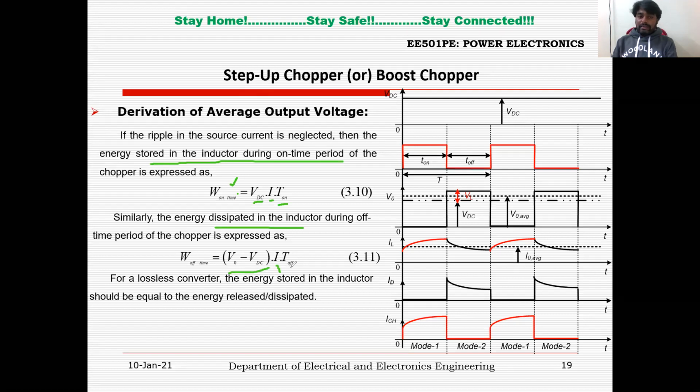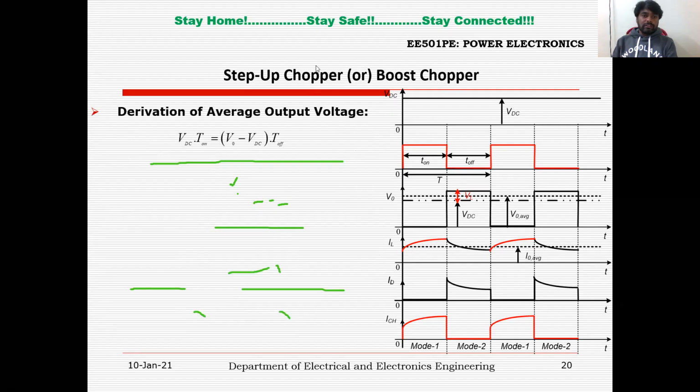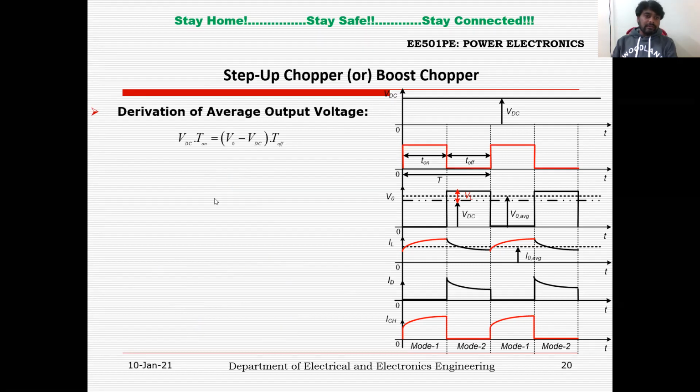If you multiply that with current and T off, that will give the energy dissipated by the inductor during off time period. And for a lossless converter, whatever energy is stored in the inductor should be released by it, right? That means we can equate these two equations, right? So if we equate, it will be something like this. I here will get cancelled, and it will be VDC into T on equals V0 minus VDC into T off. So this is what we derived in the last slide, right?